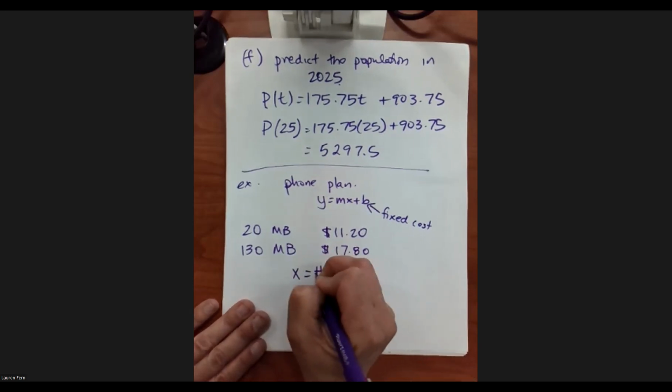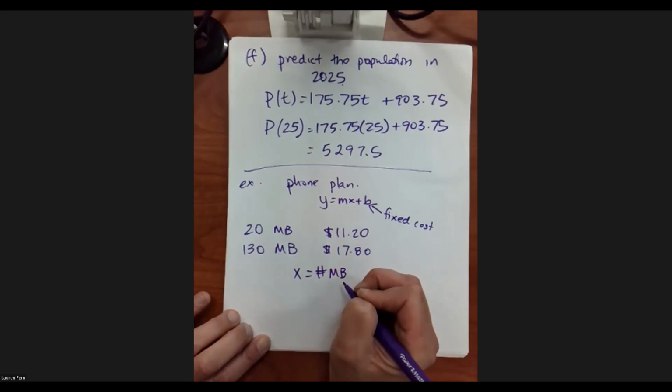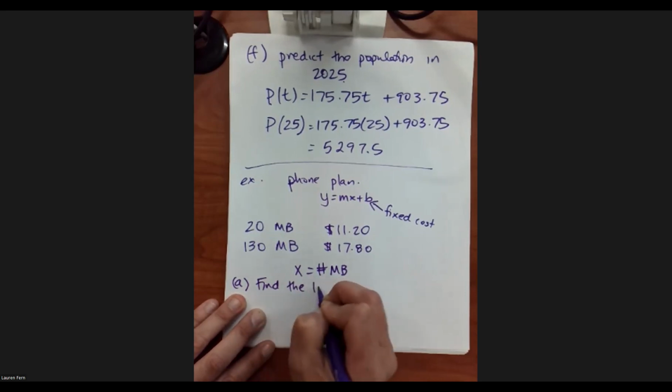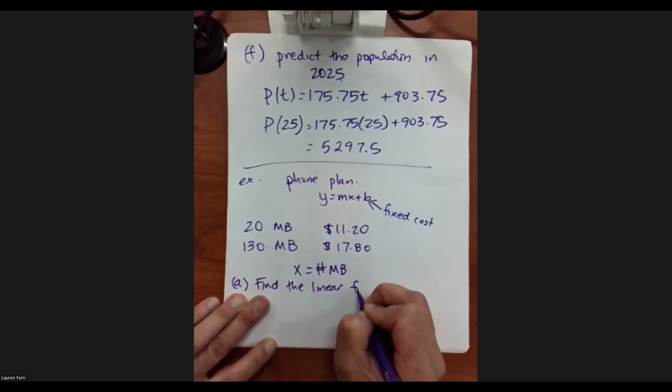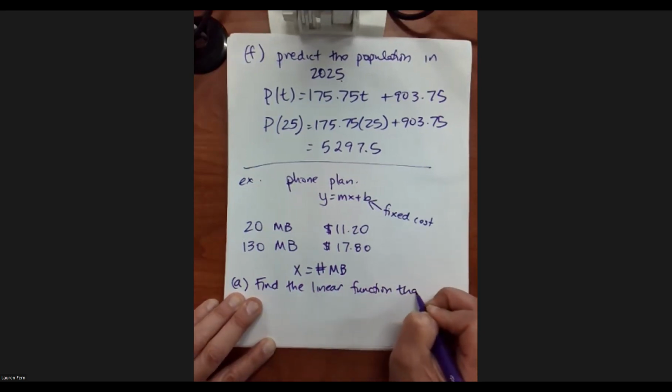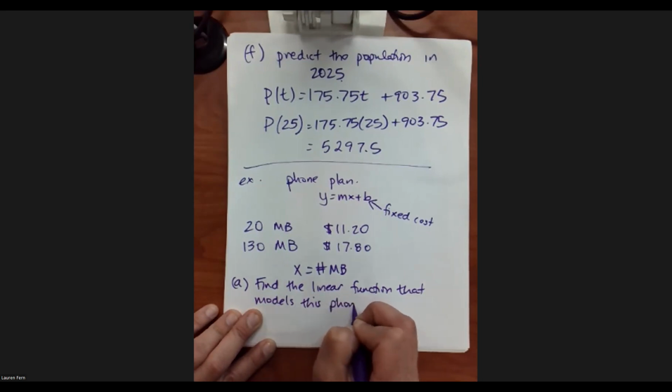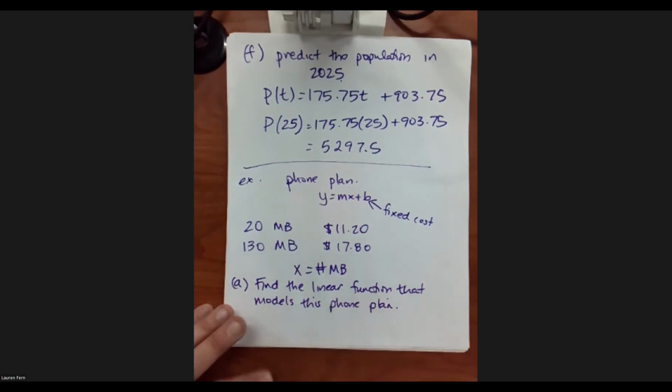And suppose I let X represent the number of megabytes of data. First thing I want us to do is find the linear function that models this phone plan. Now notice here, we're not given our slope, we're not given our y-intercept.